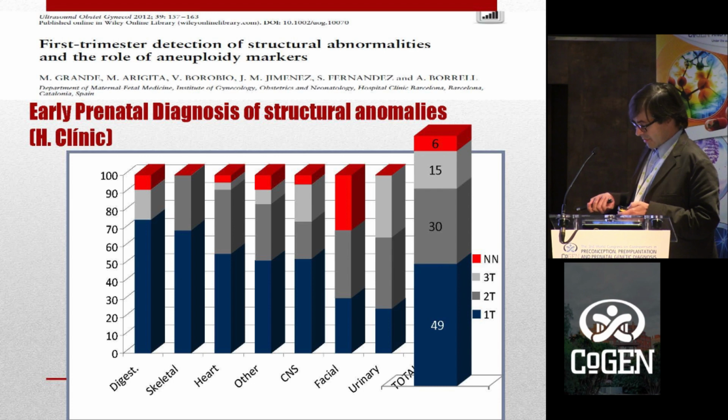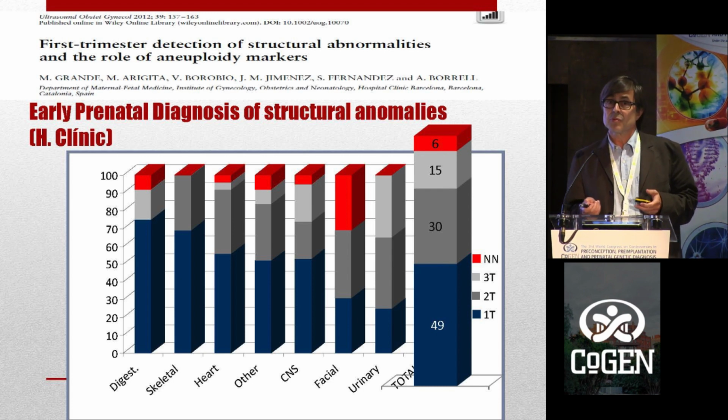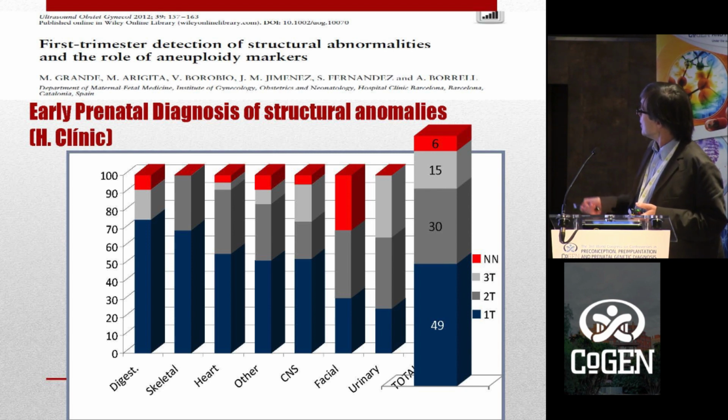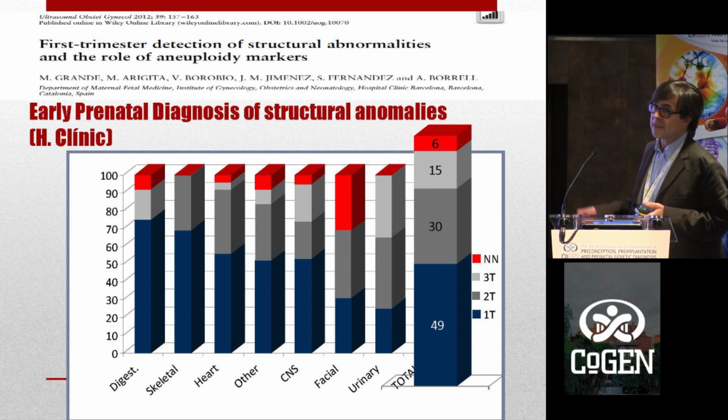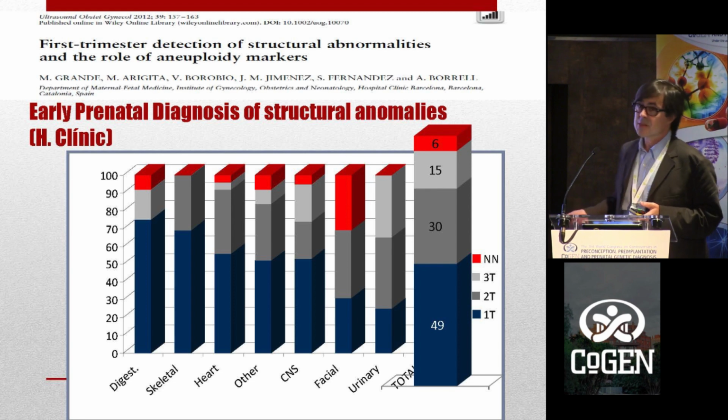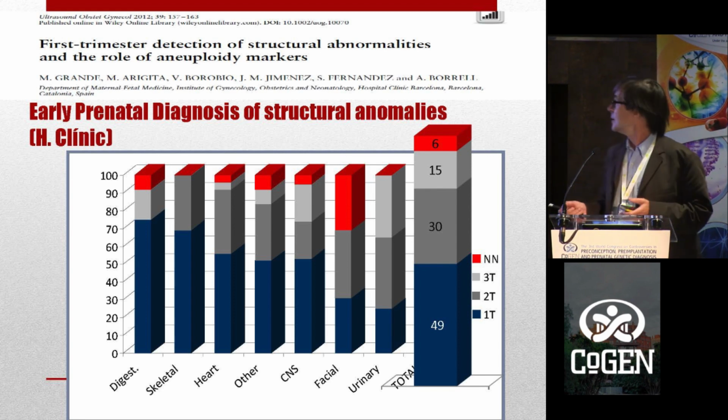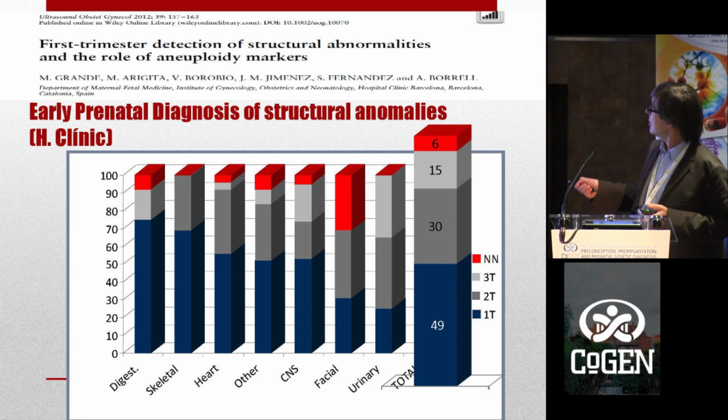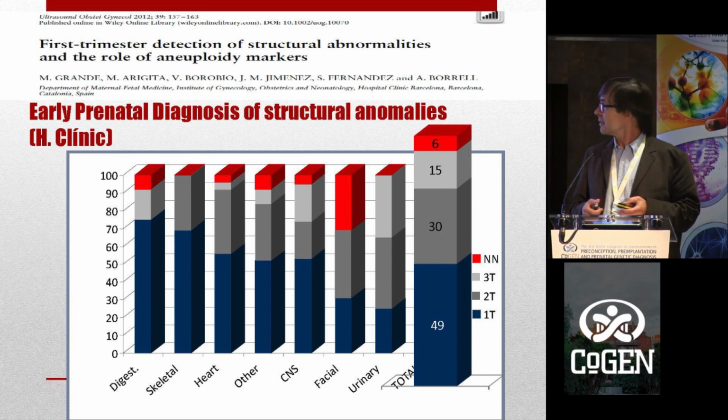And I take some data from the last decade, from 2002 to 2009, and in those years we detect half, 49%, of the major structural anomalies in the first trimester, 30% in the second, 15% in the third, and 6% undetected.